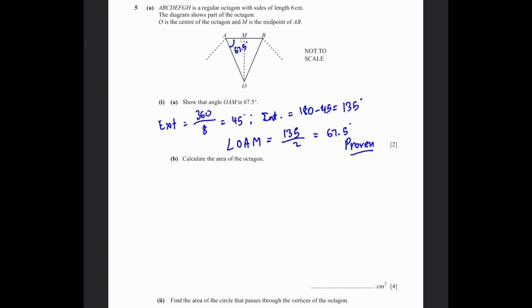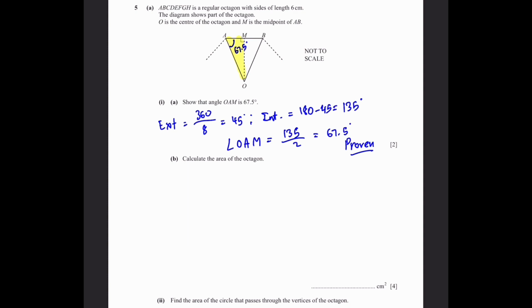So we need 16 triangles of the size of triangle OAM. I'll highlight the triangle we are using. We find the area of triangle OAM and multiply by 16, because that's how many triangles of this size there are in the octagon.